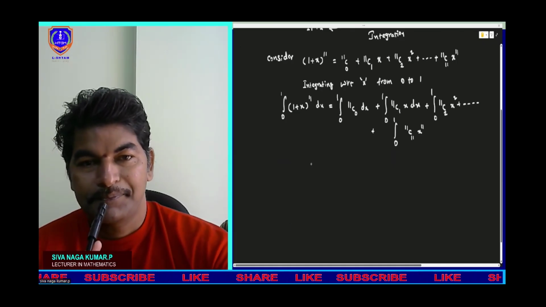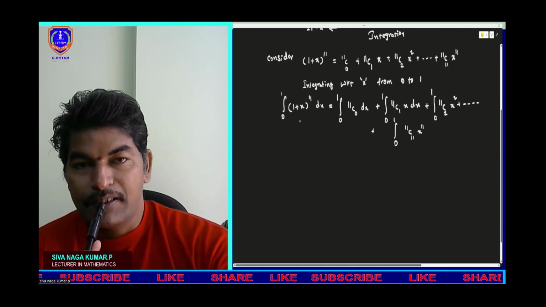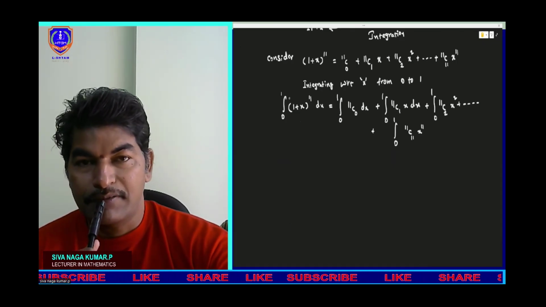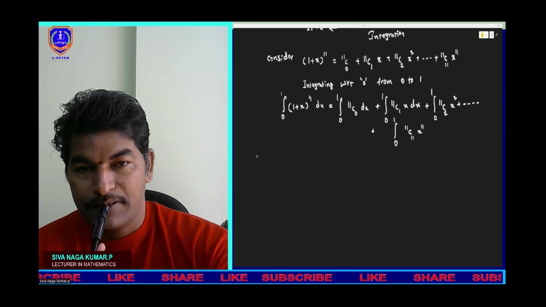Now, you know the integral rules. In class 12, you learned these formulas.